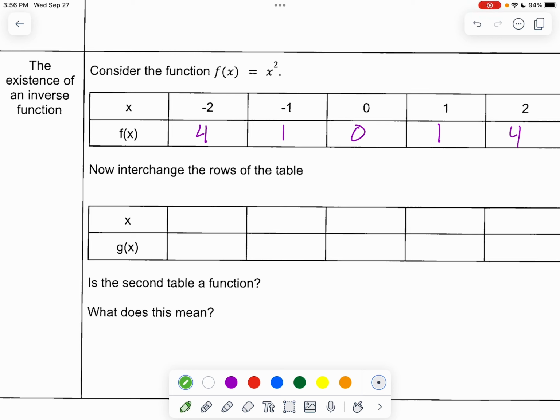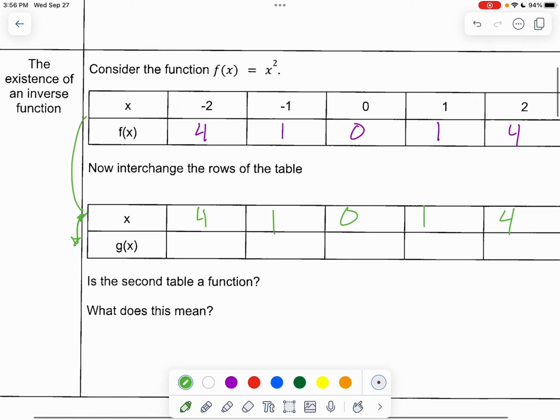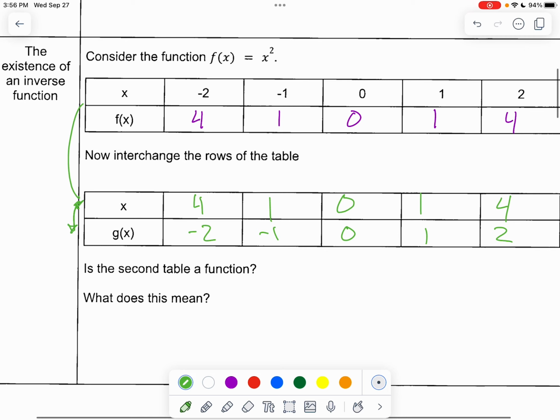Next set of directions: interchange the rows of the table. So you're basically going to flip-flop up here and change the direction of what the table was. So this is going to be 4, 1, 0, 1, 4. This is going to be negative 2, negative 1, 0, 1, 2. So here we have our functions, we have our values.